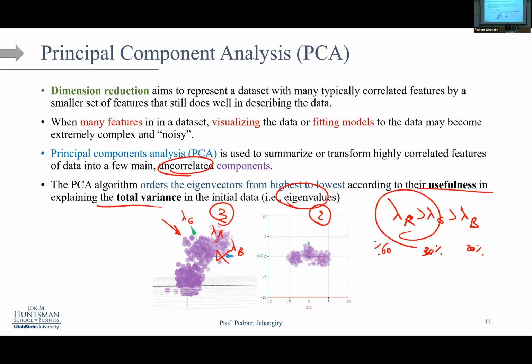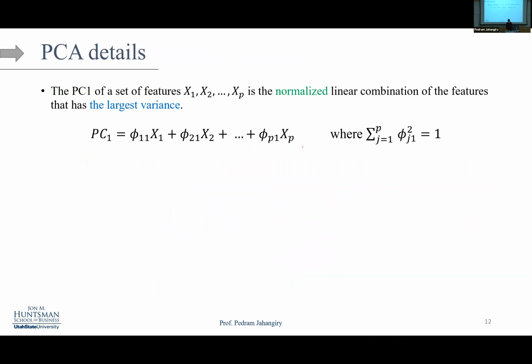Or let's say 30, 10. So the first 2 are going to explain 90% of the variation of the data. I reduce the dimension. Okay, now let's talk about the details. The PC1 of a set of features, we have x1 through xp, let's call it xp, right? Is a normalized linear combination of the features that has the largest variance, right?